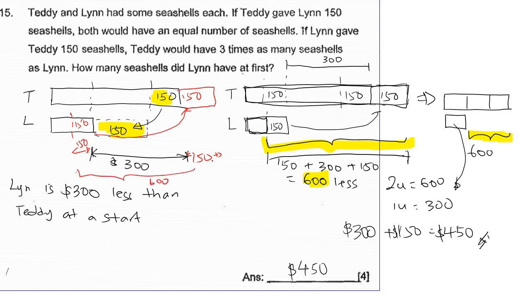When this 600 difference is actually, it says that after this happens, Teddy will have 3 times as many seashells. So you draw this model 3 times, and this is 1 time. So this difference is actually 600. Okay, from there you can easily find 1 unit is equal to how many. In this case, the 1 unit is actually $300. So $300 plus the 150 that you gave off is actually 450.